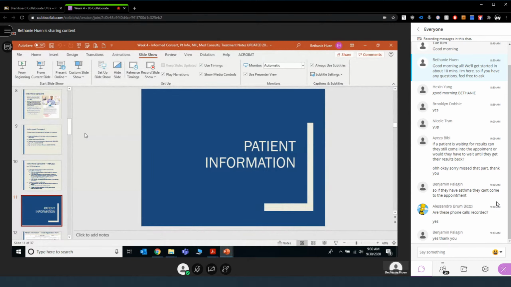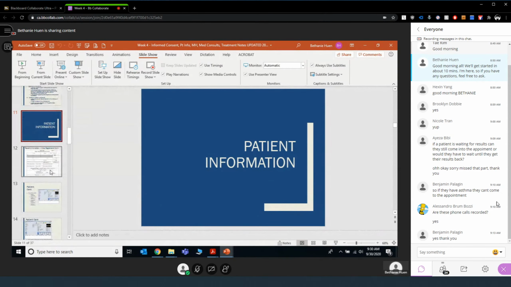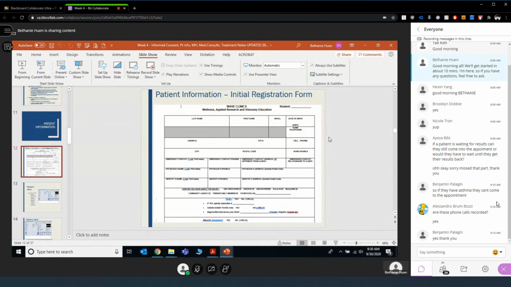So after you have obtained the client's consent, now you can collect their patient information. This is the initial registration form that you're going to fill out. You're going to collect this information, and this will be posted on the clinical course Blackboard shell closer to when you start clinic.